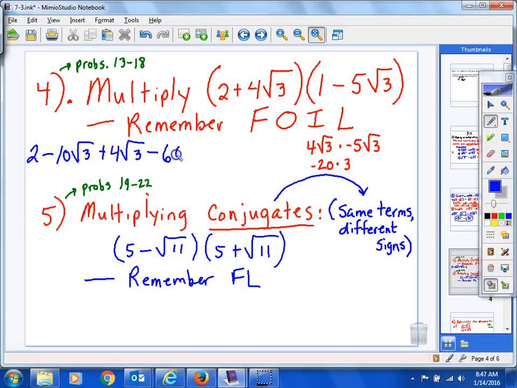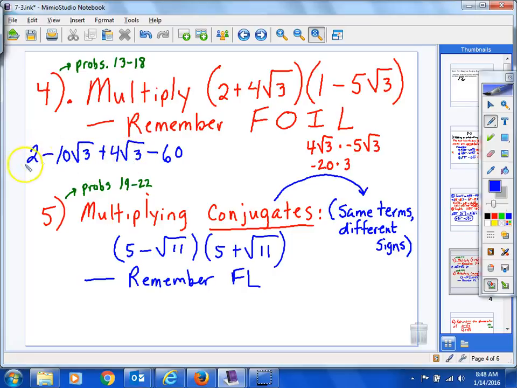Okay, so just once again, multiplying these expressions that are a regular number times a radical, just think about multiplying the numbers that are not radical together, then multiplying the radicals together, and then multiplying those two products together.